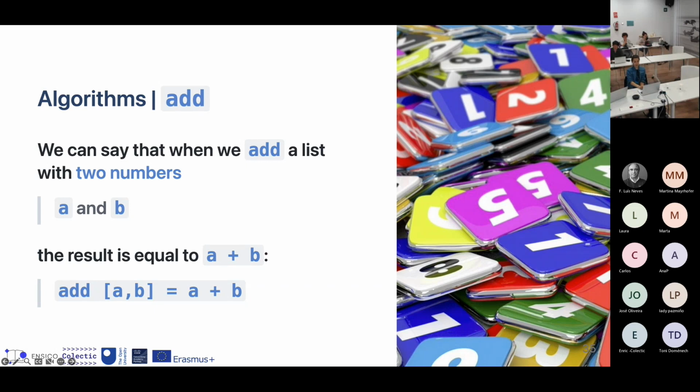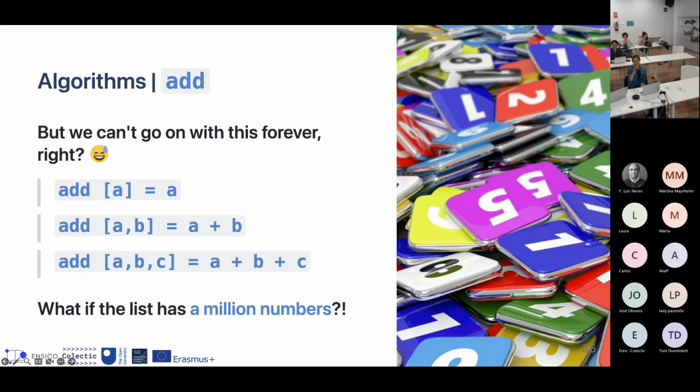So what could we do next? Well, we could teach the computer to add a list with 3 numbers and say, if you have 3 numbers, A, B, and C, then the result is going to be A plus B plus C. But we can't go on with this forever, okay?